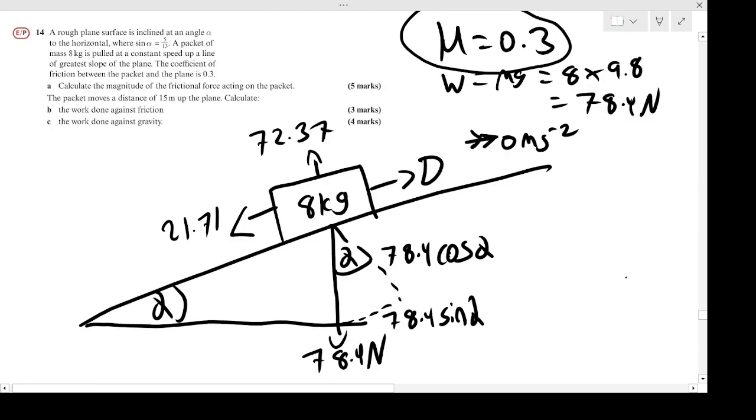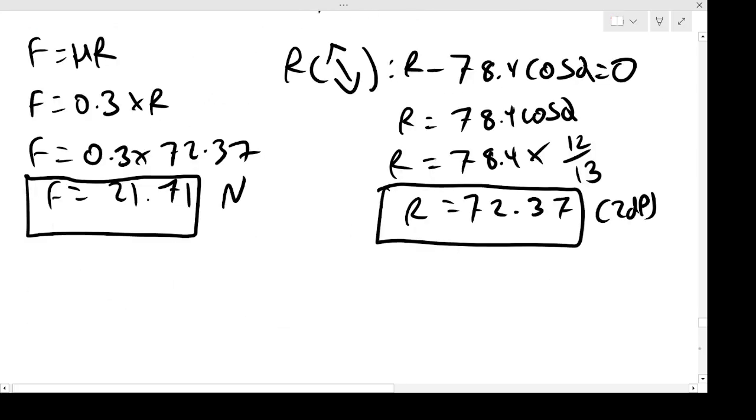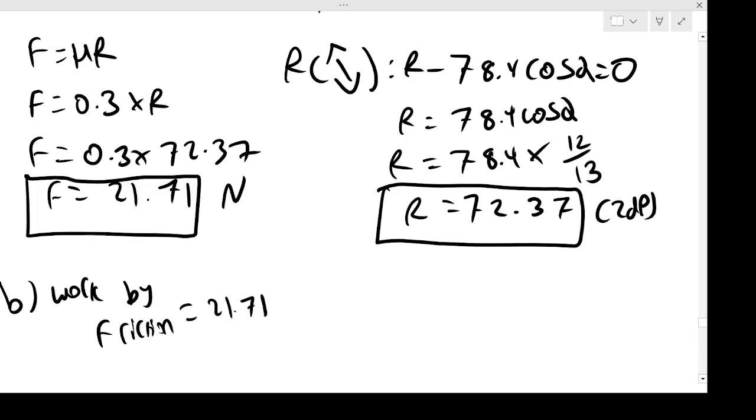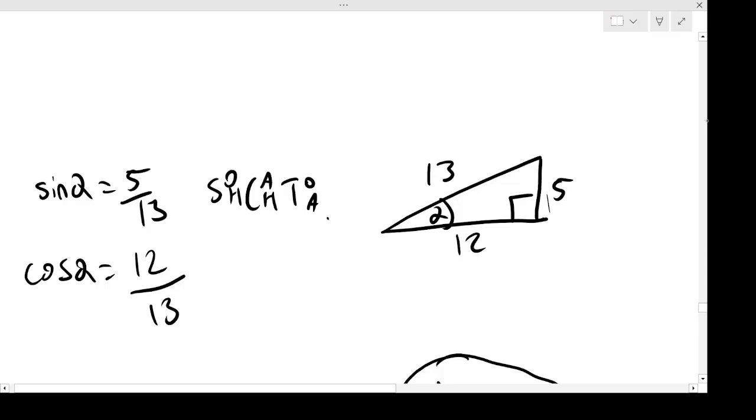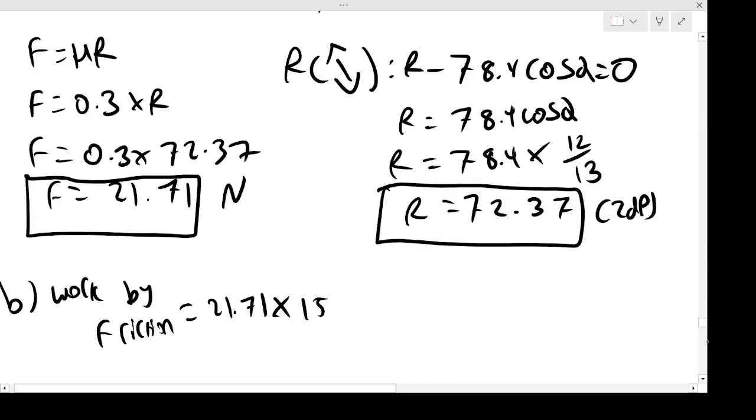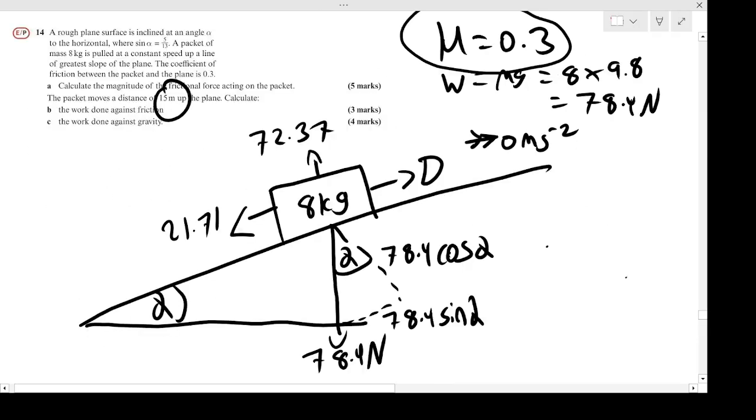Then they told me the packet moves 15 meters up the plane. So firstly, they want me to find the work done against friction. So the work by the friction, that's the friction force, which is 21.71 times the distance moved, which we're told is 15.